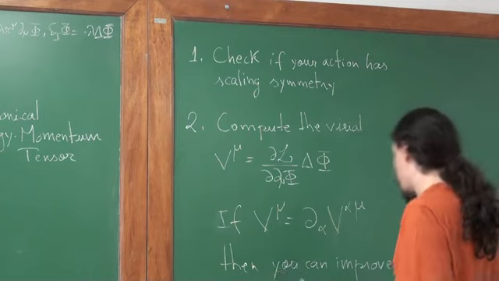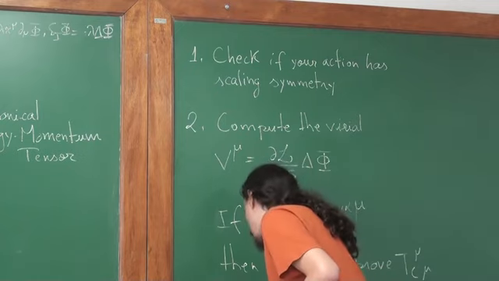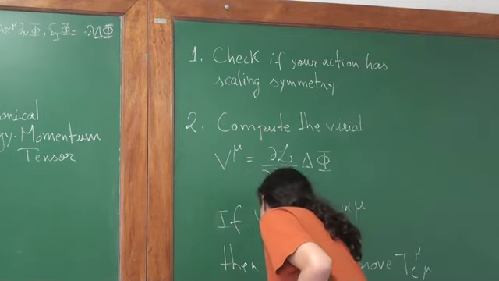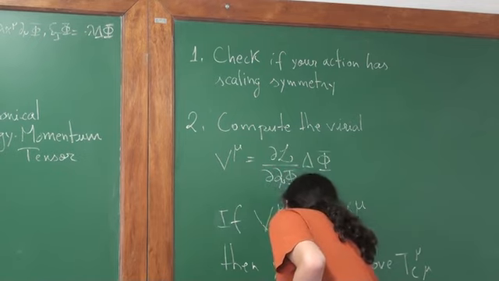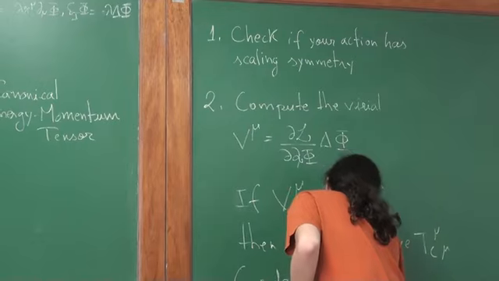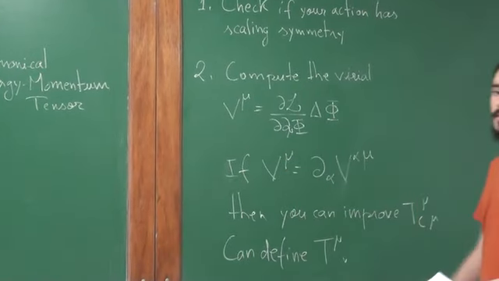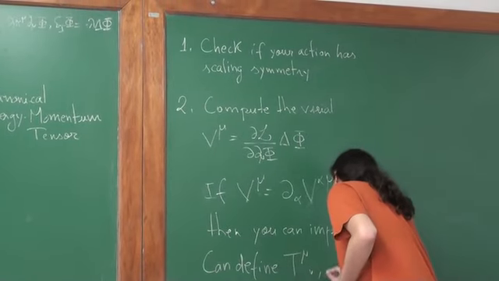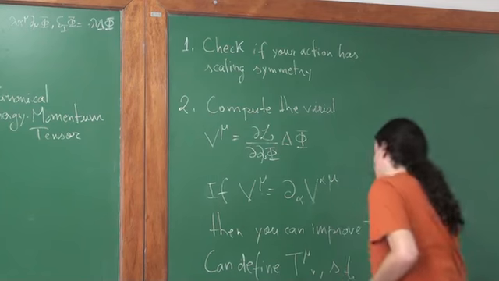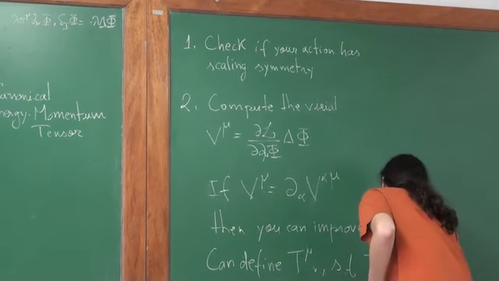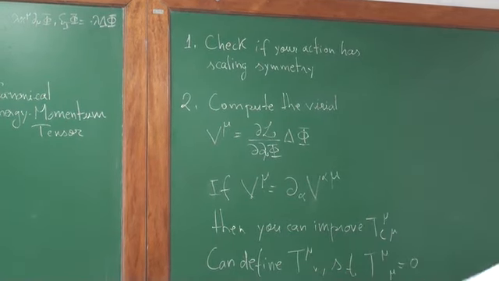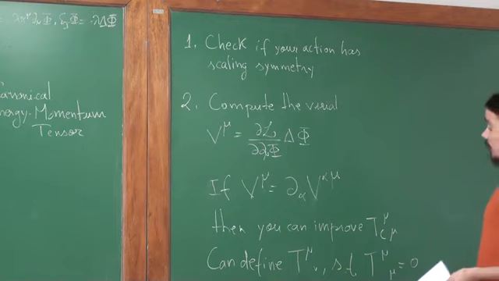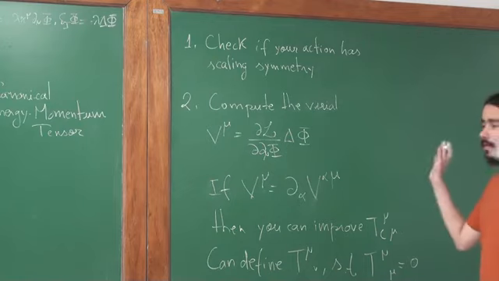That means that you can define an improved energy momentum tensor, such that it is traceless. And there is an explicit formula for the improvement, which is kind of big.